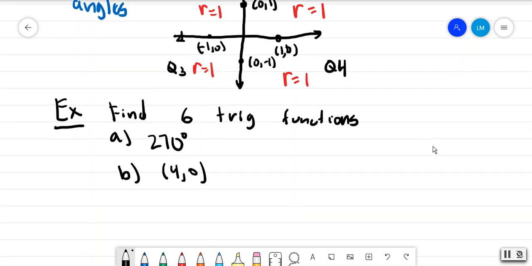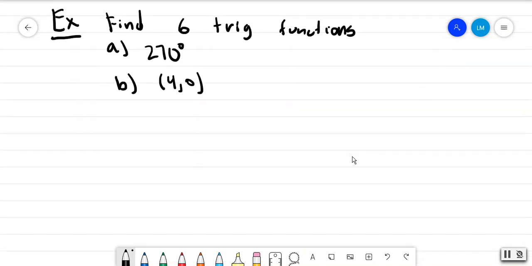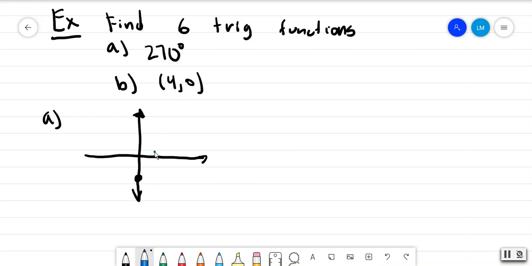Now, one thing that we know when it comes to 270 degrees is that it's an angle which terminates along the y-axis. So we can just put this here. So we know that this right here is going to be 270.